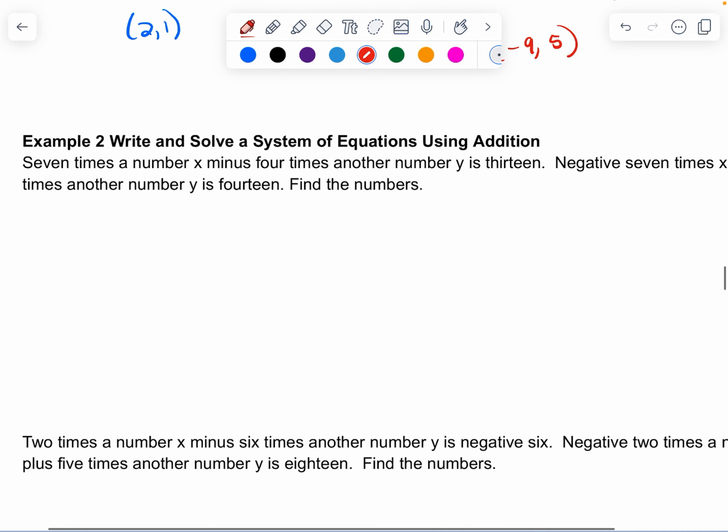Okay, so here we go. It says 7 times a number x, so 7 times the number x minus 4 times another number y is 13.